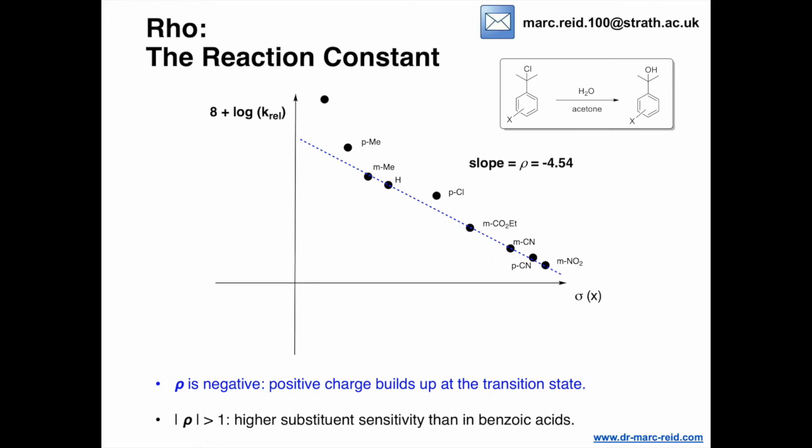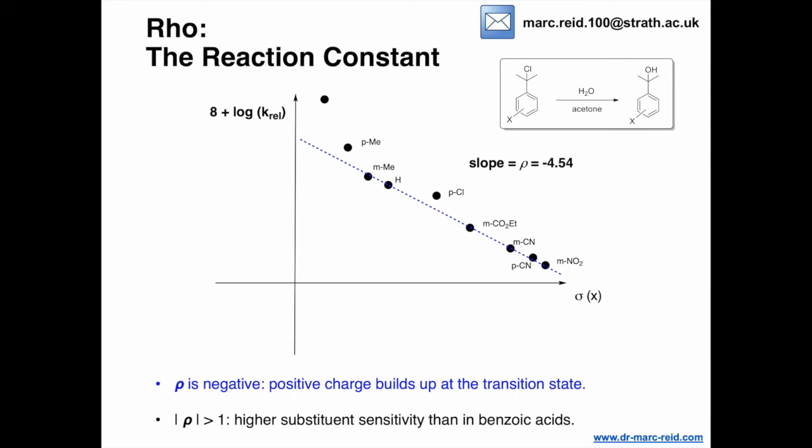Let's now move to a new example. The Hammett analysis for the hydrolysis of substituted cumyl chlorides yields the graph shown on this slide. As a side note, the use of 8 plus the logarithmic relationship is simply to raise the values into the positive y quadrant. This doesn't affect rho or our interpretation of the reaction overall.